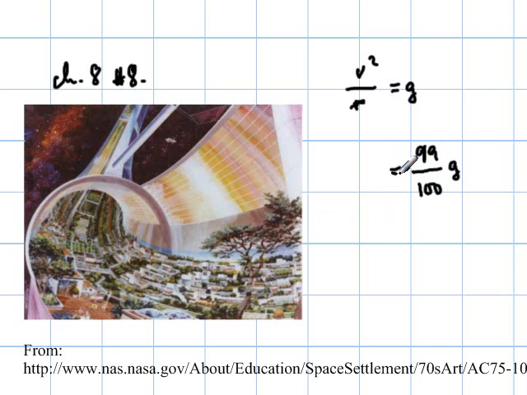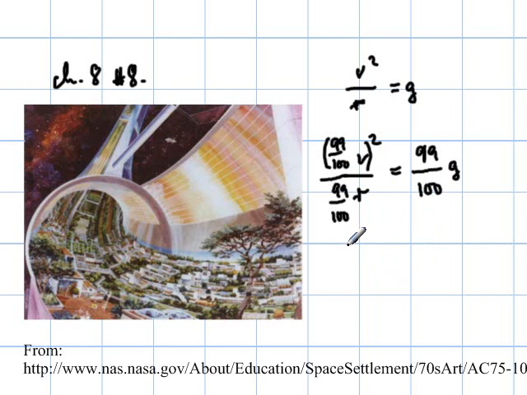And what we saw in the last calculation would mean that our v and r both would take on 99/100th, r and v, and we square that, just like it says for centripetal force. And so that's how we come up with 99 over 100 on the right hand side.